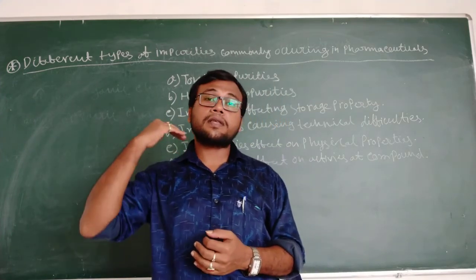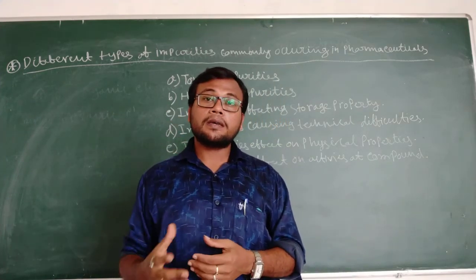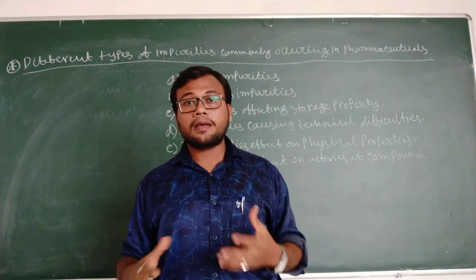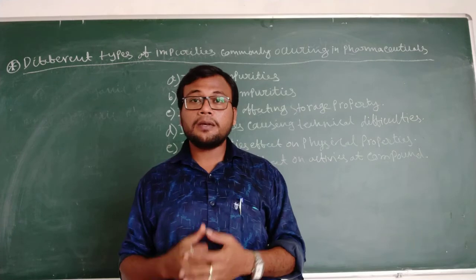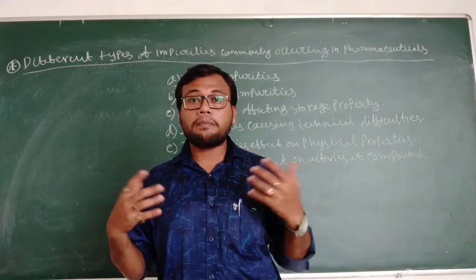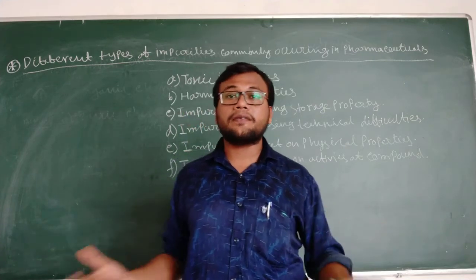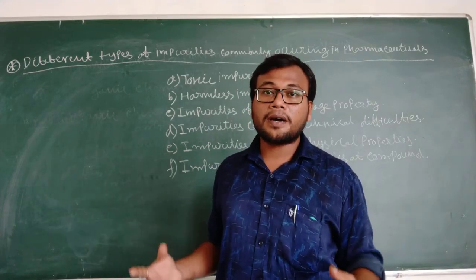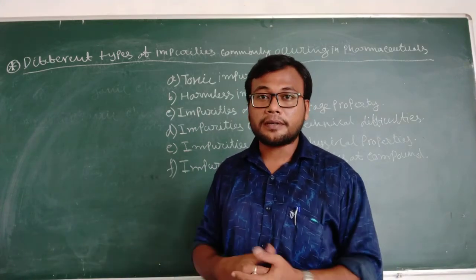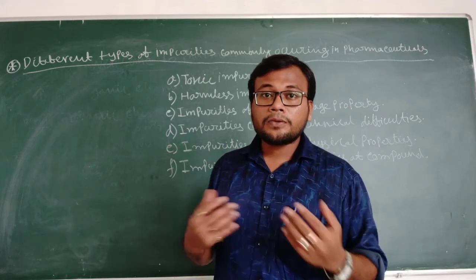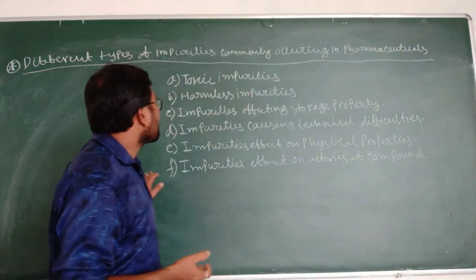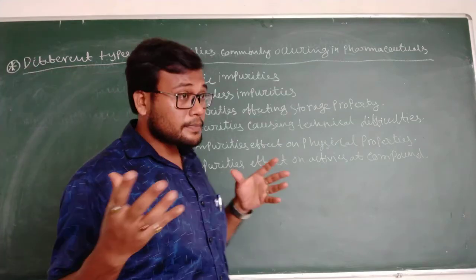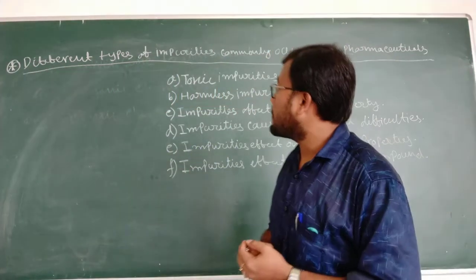When they react with the paracetamol, they decompose the structure of paracetamol, and gradually or day by day the paracetamol decreases its activity. What type of activity? To reduce the fever, to reduce the inflammation. So this is the effect of impurities on the property of the compound.